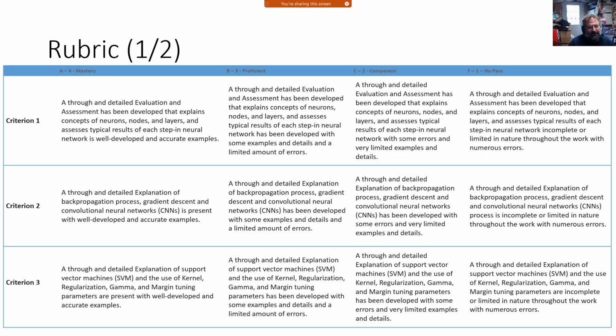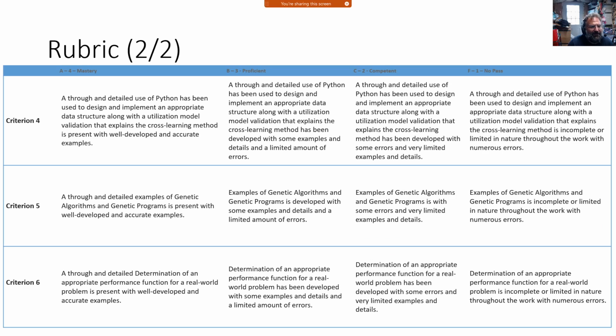A thorough and detailed explanation of support vector machines, SVMs, the use of kernels, regularization, gamma, and margin tuning parameters, and then a thorough and detailed use of Python has been used to design and implement an appropriate data structure along with a utilization of model validation that explains cross-learning methods is present as well.